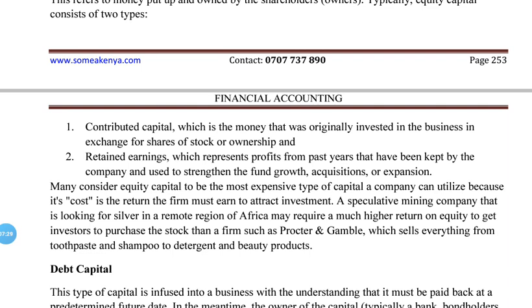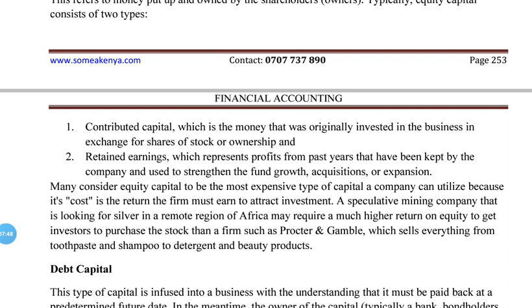Remember, when we have the net profit before tax, we less tax. After lessing tax, whatever remains, we pay dividends. When you less dividends, the profit that remains we call retained earnings.